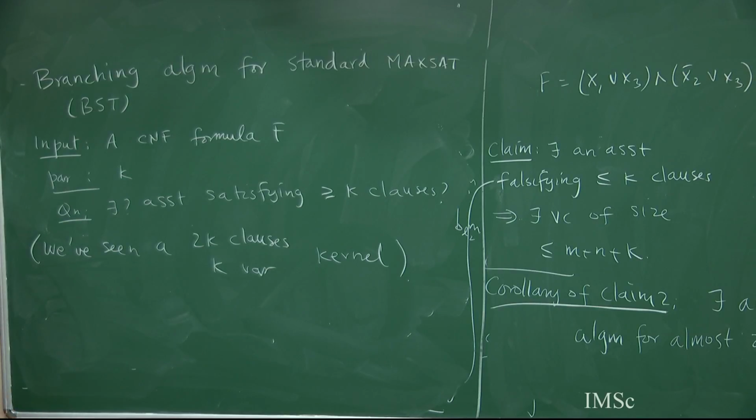Okay. That apart, either you may want to kernelize it, let's even say I may not want to kernelize it. Now, I want to just think in terms of a branching algorithm to answer this question. How would we go about doing this?